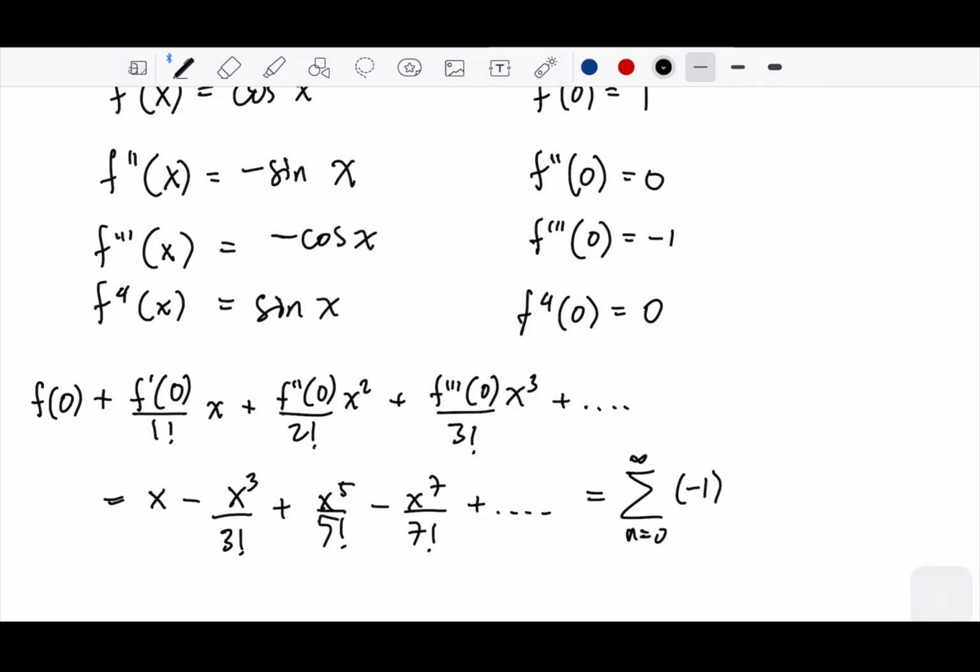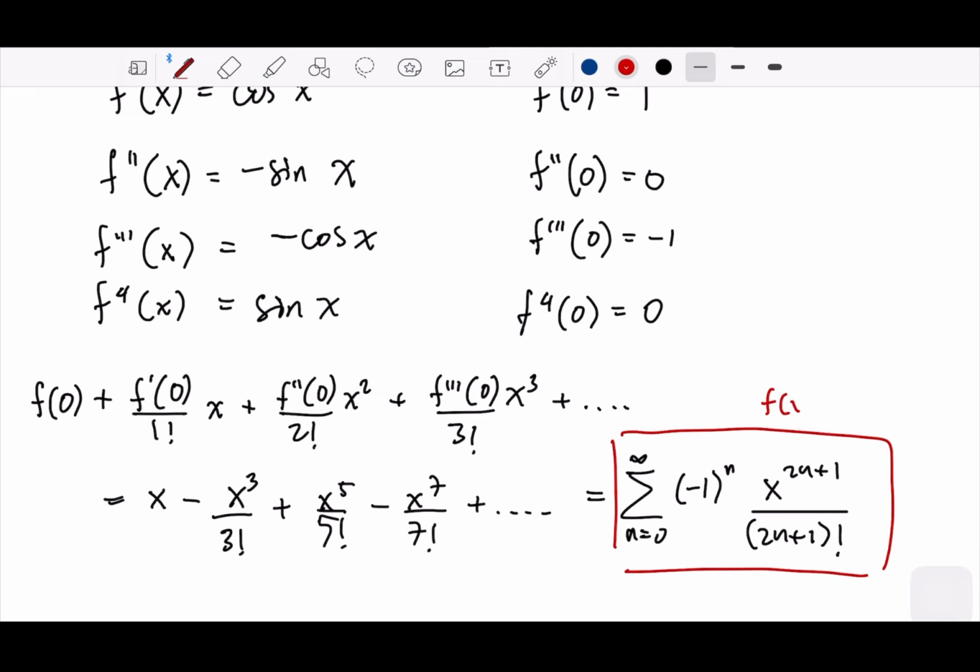Because it's alternating, we will have negative 1 to the n, because it starts with positive terms. And since it's an odd number, we will have x to the 2n plus 1 over 2n plus 1 factorial. This is for f of x equals sin x.